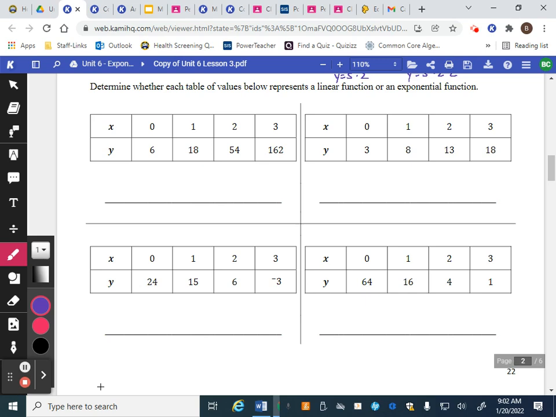So if we take a look at the first table, the x's go up by 1, the y's go from 6 to 18, which would be an increase of 12, and then from 18 to 54, which is an increase of 36. And then from 54 to 162, that's an increase of 108. So definitely not a constant rate of change. So this is going to be exponential.